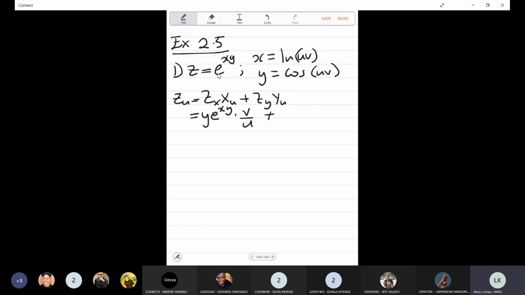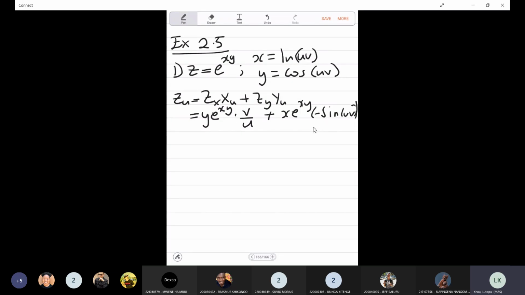Then z with respect to y, this is x e to the power of xy, and then y with respect to u, this is minus v sine of uv. Okay, and then you close the brackets there.